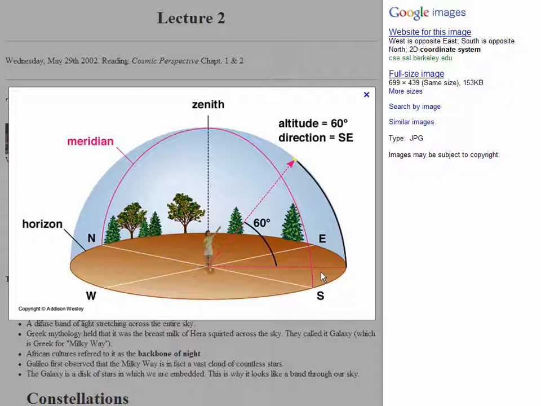Now, in terms of correlation, the altitude would correlate to the latitude, because it determines north or south. It determines the height above the horizontal plane that you're standing on. And the direction, or azimuth, would correspond to the longitude. It determines your east-west position.